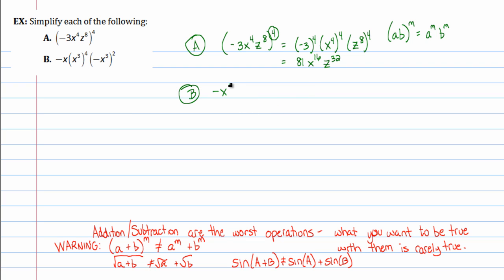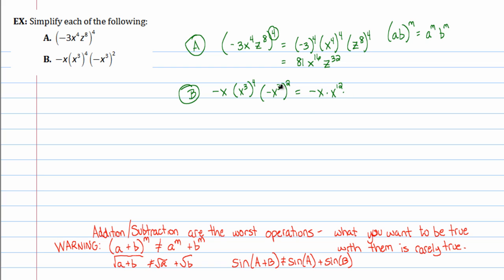Example B, we have a negative x times the quantity x cubed to the 4th times the quantity negative x cubed raised to the 2nd power. What I would do here is work on the inside of parentheses first, look in there to see if either of those clean up, which they don't. And then I would apply these exponents to the parentheses. So leave that negative x out there. x cubed to the 4th is x to the 12th.